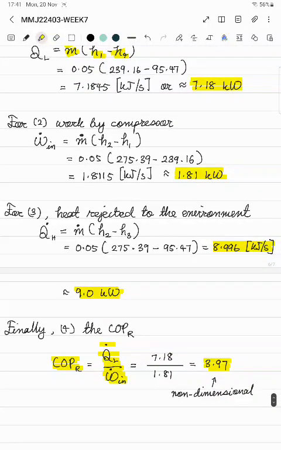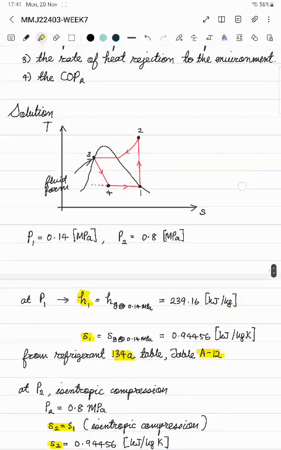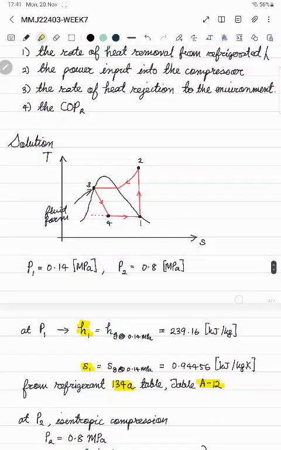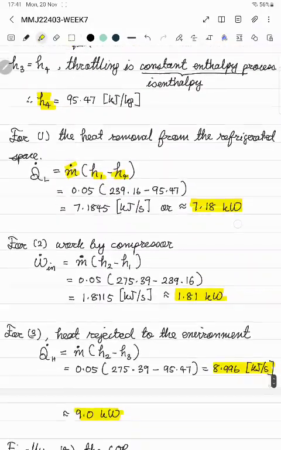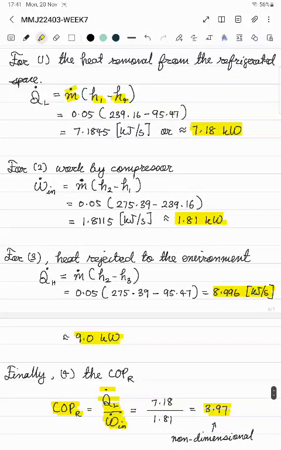And the heat rejected to the environment is the difference between the process state 2 to 3. So there you have H2 minus H3. And if you do the math, you have 8.996 kilojoule per second, which is about 9 kilowatts.